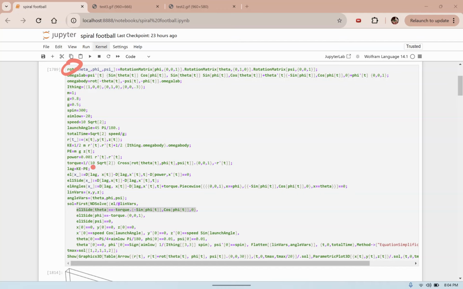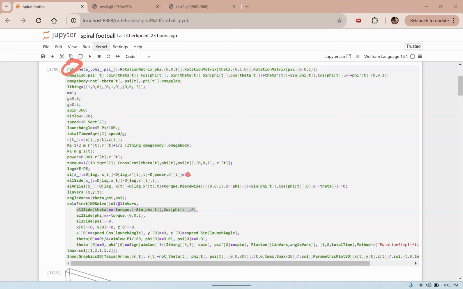Our torque, it took me a long time to figure out just how much torque I should put in. It's a cross product of R dotted into the z-axis. So basically, a unit vector in whatever direction the football is pointing, dotted into negative the velocity. That's exactly what I said my torque would be. And so the center of mass is very simple.